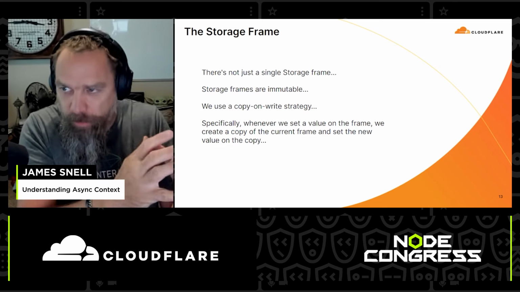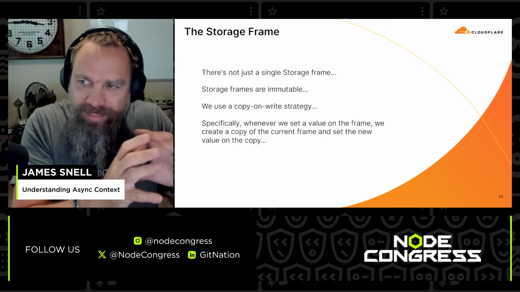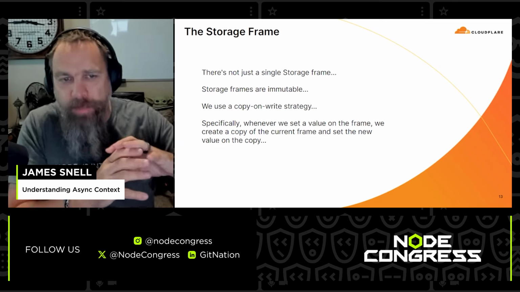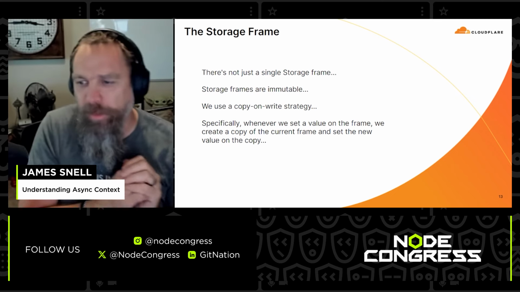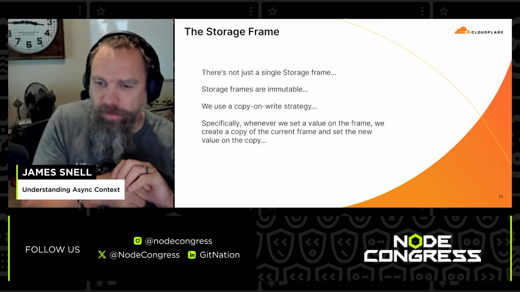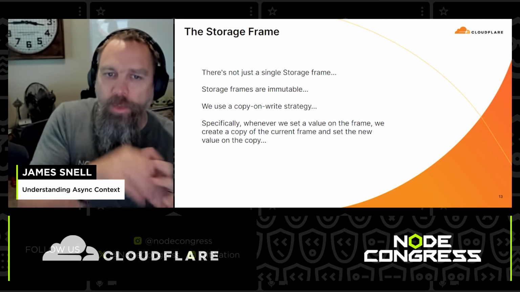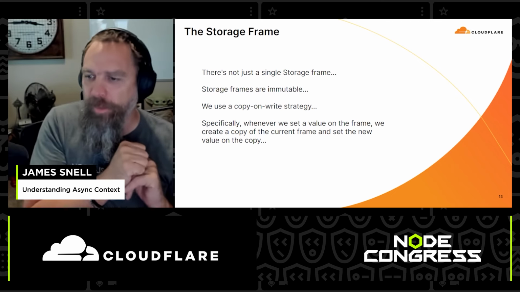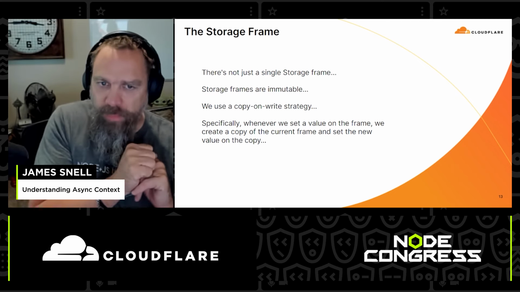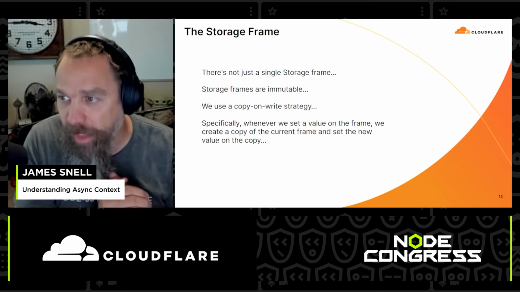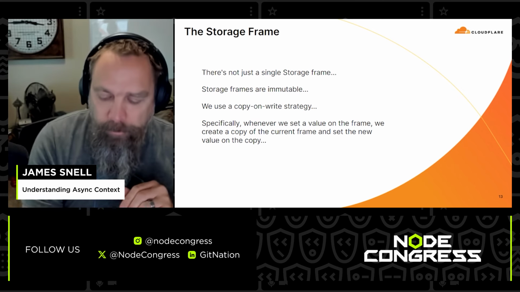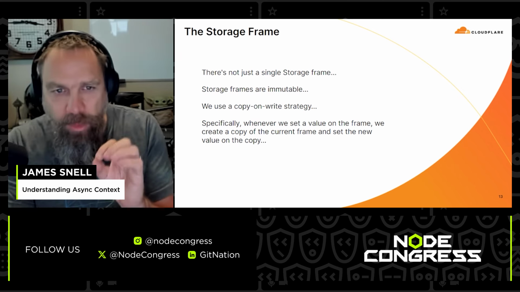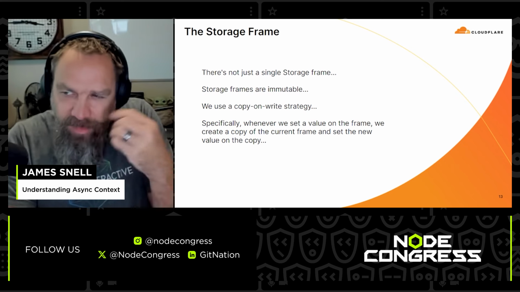It is immutable. What that allows us to do is, anywhere along that promise chain or async context flow, always retrieve the value that was set on the relevant frame, even though any number of frames may have been copied since then.